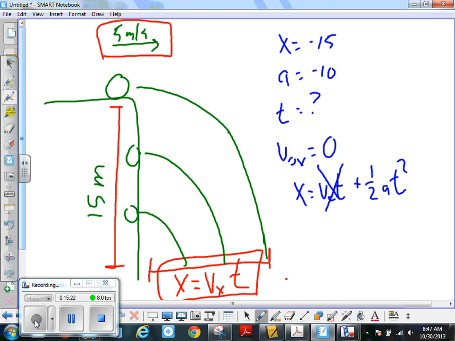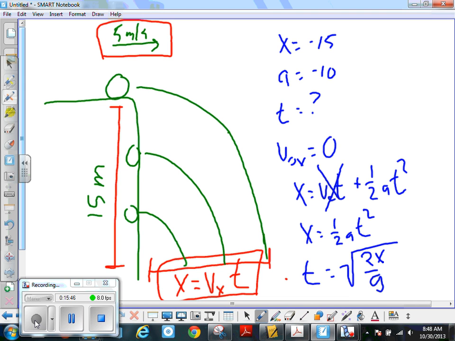So then x equals 1/2 at squared, which I heard this was on the math section of the junior test last week. Or time equals the square root of 2x over little g. You won't get that formula for the test, but by the time this chapter is over, you'll probably have it memorized.